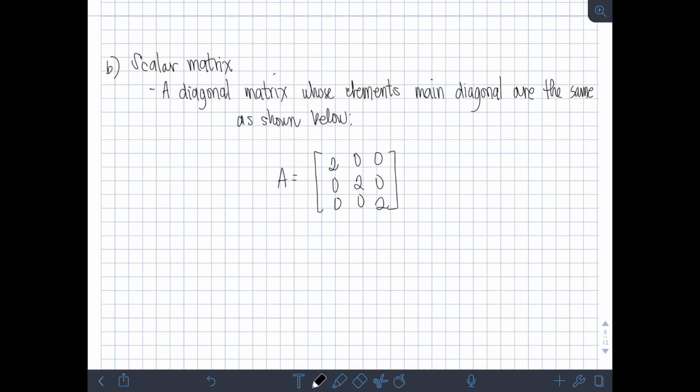Next, scalar matrix. A diagonal matrix whose elements in the main diagonal are the same as shown below. Okay, so isa siyang uri ng diagonal matrix, meaning yung mga elements other than the diagonal ay 0 na dapat. Tapos, pare-pareho yung element dapat doon sa diagonal niya. For example, dito, 2, 2, 2. Parehong 2, 2, 2. Okay? So, yun yung scalar matrix.